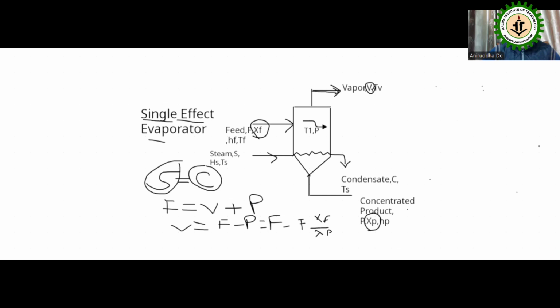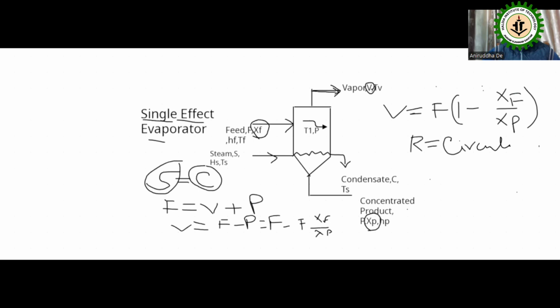So V is equal to F into 1 minus XF by XP, if I take F common. Sometimes XP by XF is known as the circulation ratio, R. The circulation ratio is XP by XF, meaning the solid material in the concentrated product divided by the solid material in the feed.